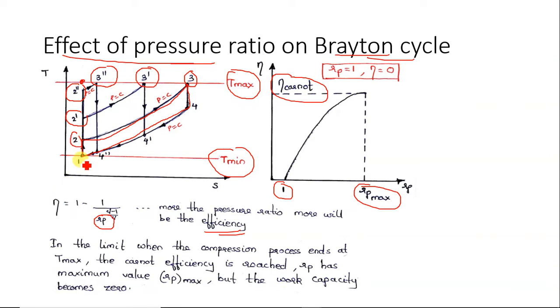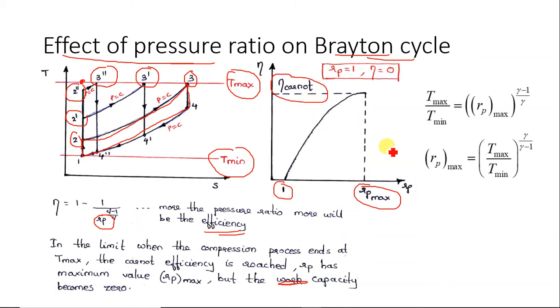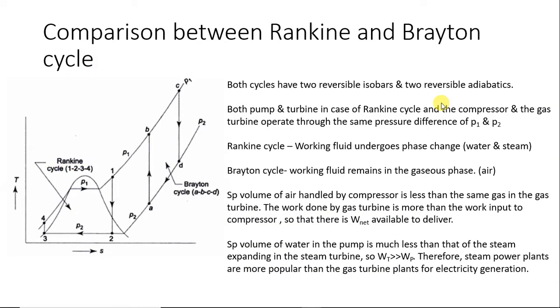It is P2 by P1. So when this point 2 reaches the T max, the pressure ratio will become maximum pressure ratio. But the work W net will become 0, but the efficiency of Brayton cycle will become efficiency of Carnot cycle, meaning it is the same as the Carnot cycle. Again this is very important from GATE exam point of view and MCQs.